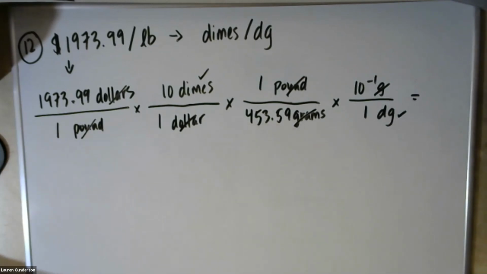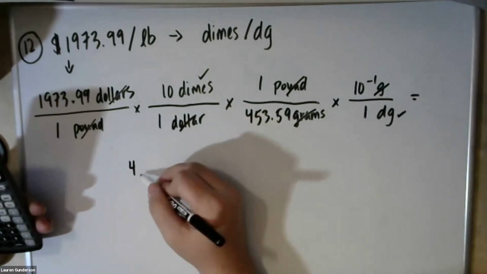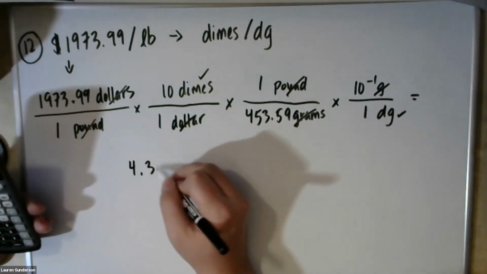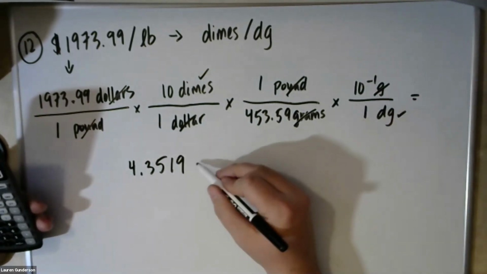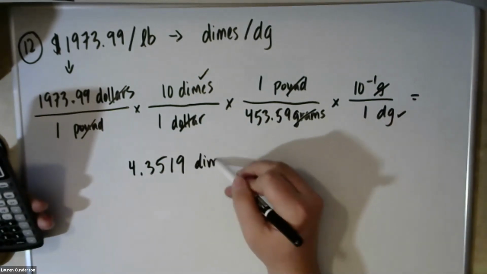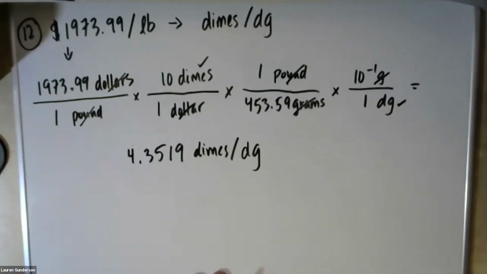Okay, and we end up with 4.3519 dimes per decigram.